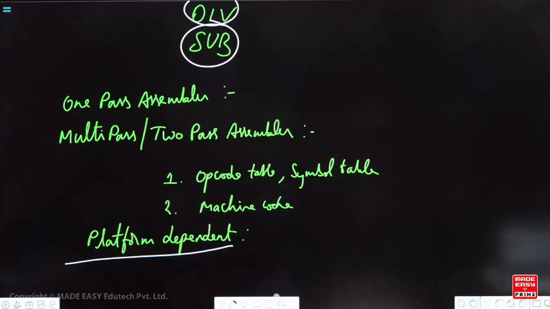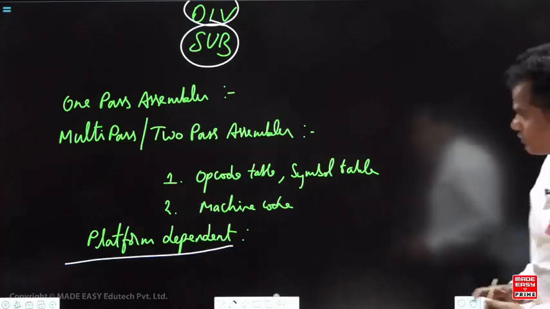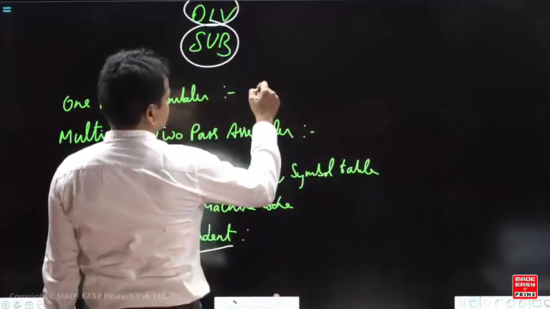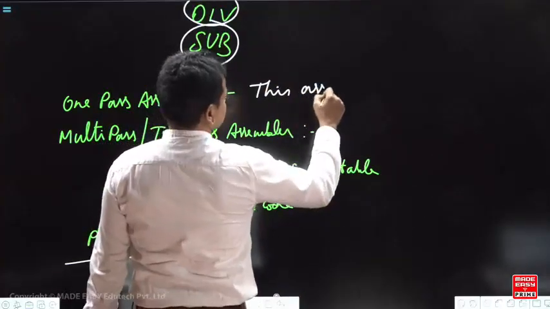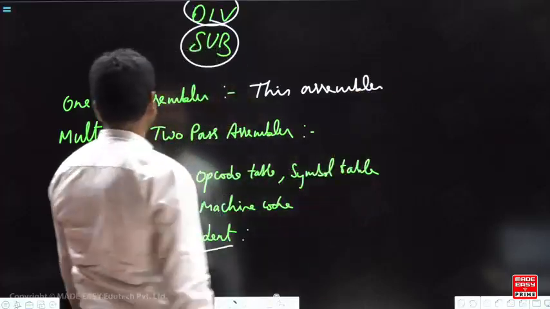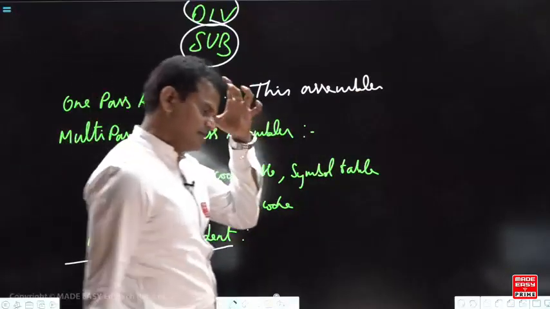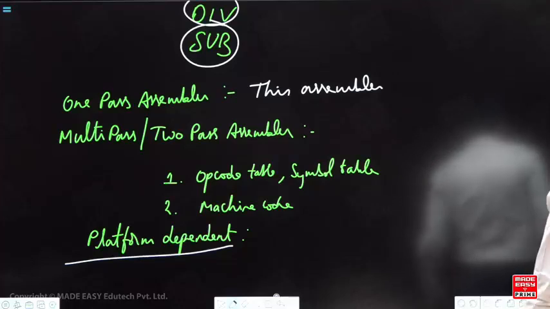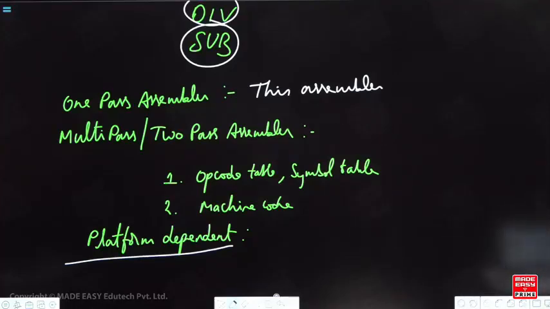One pass assembler takes this definition: this assembler performs the whole conversion of assembly code to machine code in one go.